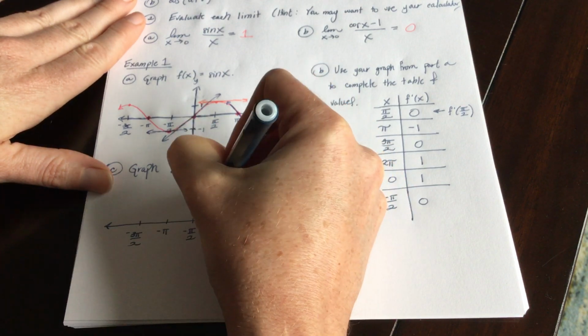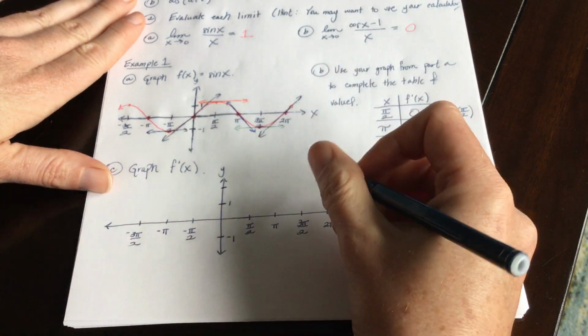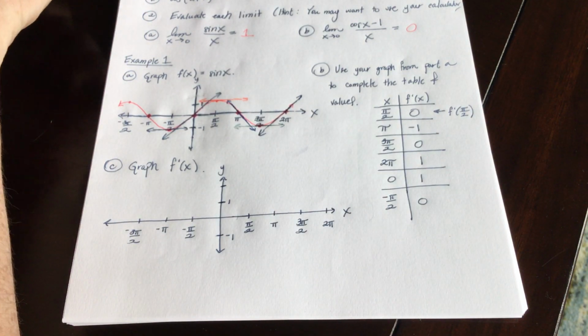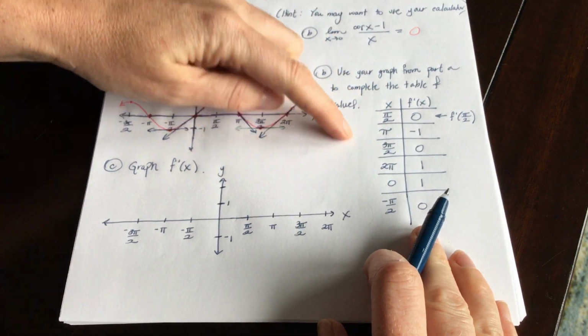So I have my attempt, at least, at a square scale here. And then let's go ahead and basically plot these points.